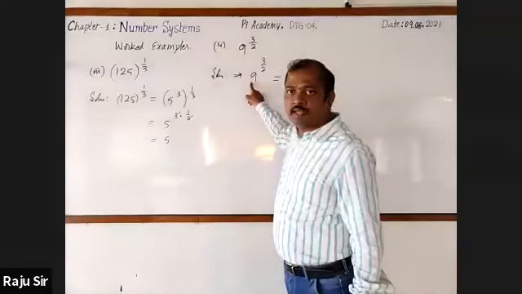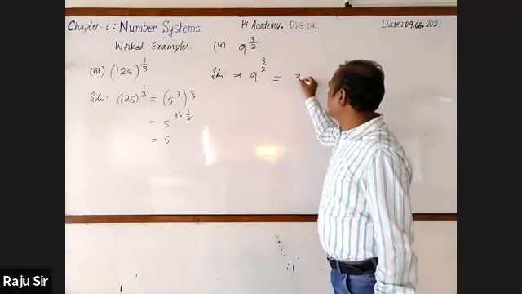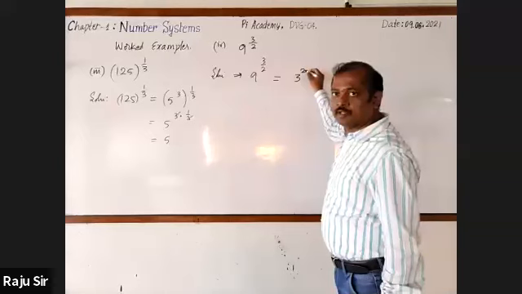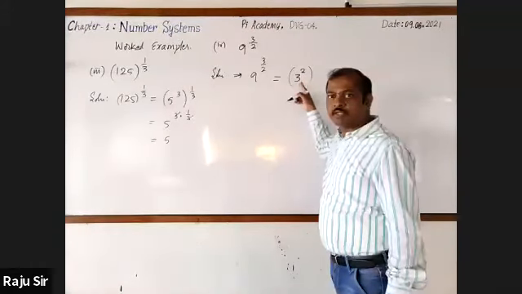Perfect square. Abhinandan, you tell, 9 is the square of which number? 3, sir. Very good. I can write 9 as 3 square.